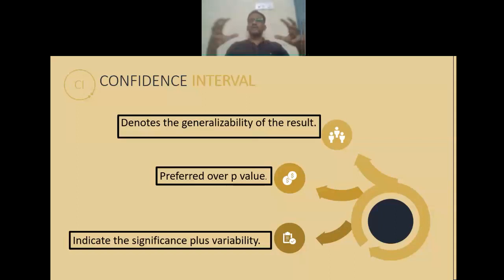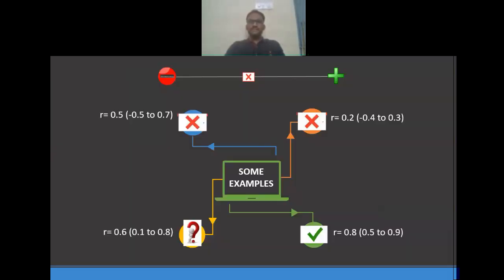So this gives a broader meaning than the p-value, and for this purpose it is preferred over p-value. It does the work of the p-value, denoting significance, and in addition it denotes the variability also. I know this is a little confusing, so let me explain with an example.